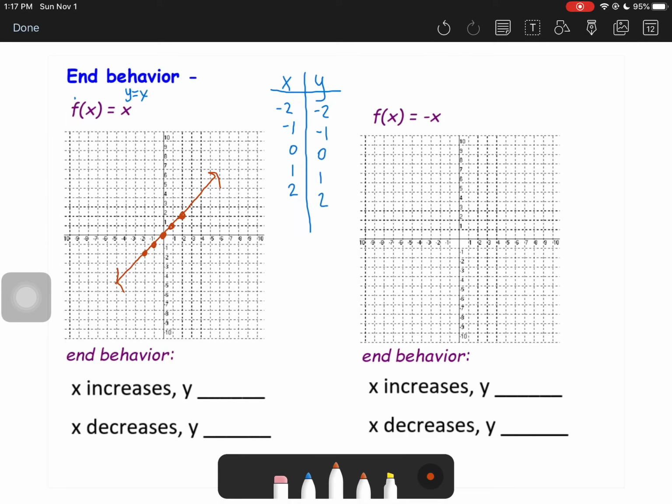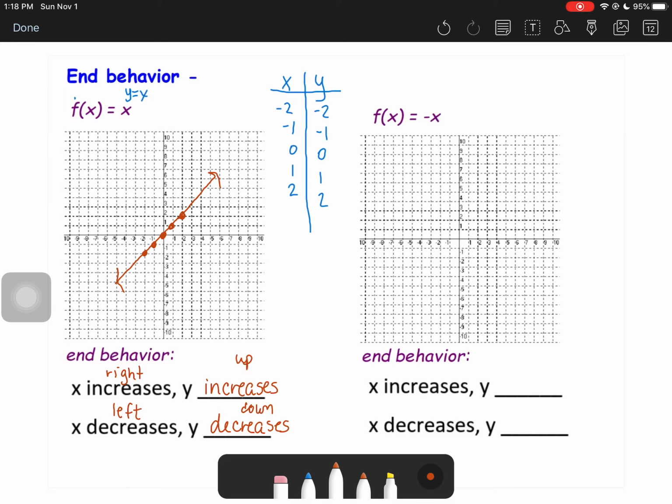So as x increases, which means as x goes to the right, the y is also increasing. It's going up. As x decreases, which means going to the left, in this case the y is also decreasing. It's going down.